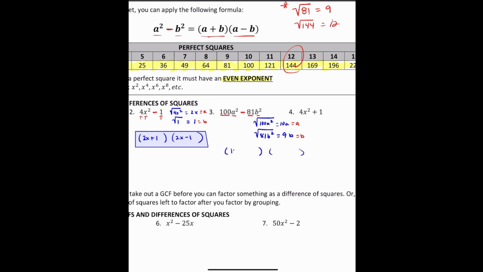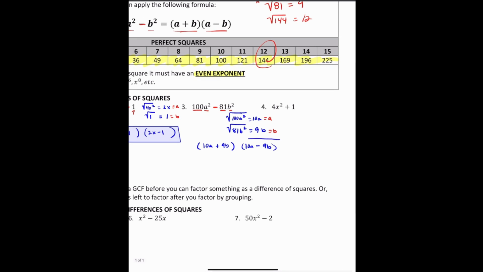So we have 10a plus 9b, and we have 10a minus 9b. So again, one's plus, one's minus. So our answer is 10a plus 9b times the quantity of 10a minus 9b.